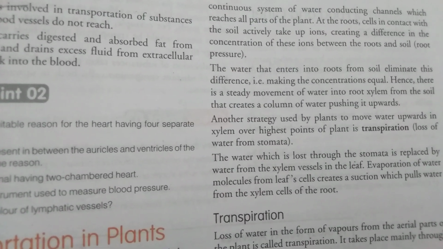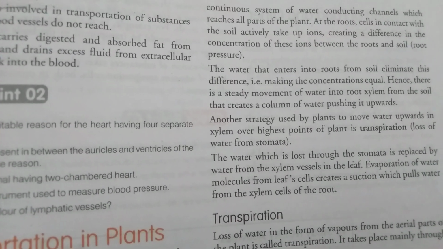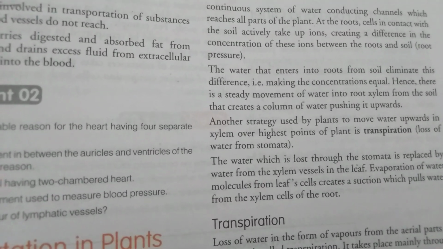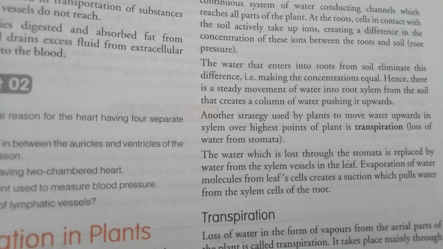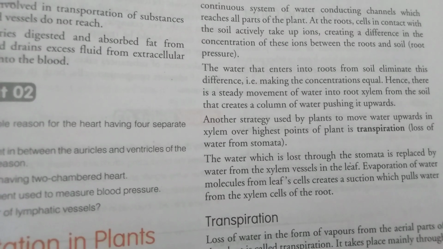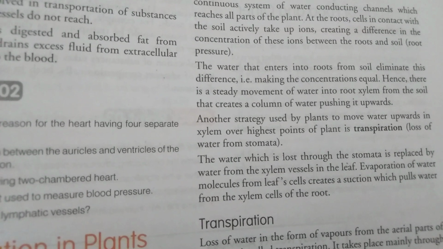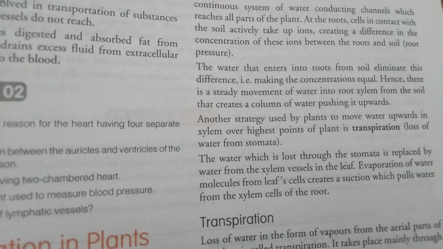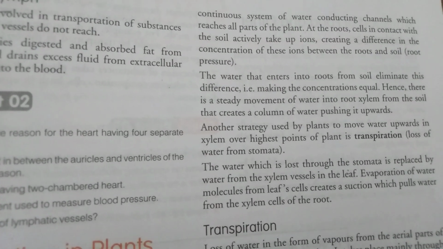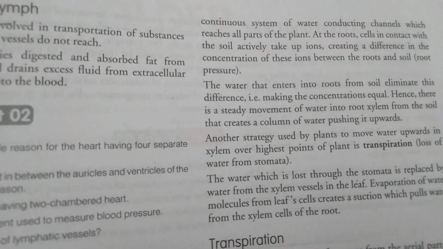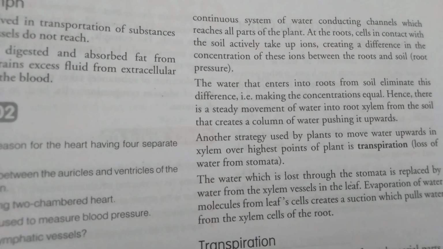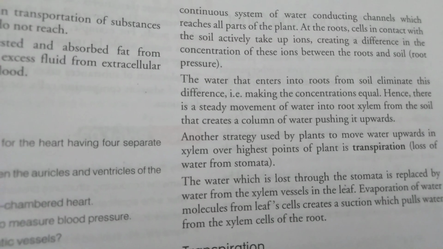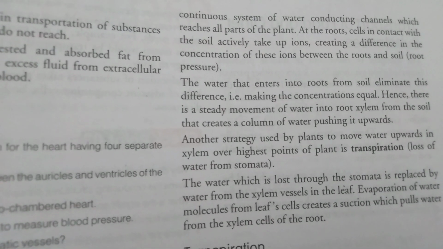Now this creates a difference in the concentration of ions between the root and the soil. Due to this, a water column is created, and the water moves into the root from the soil to eliminate this difference, so as to make the concentration of the ions equal in both parts.